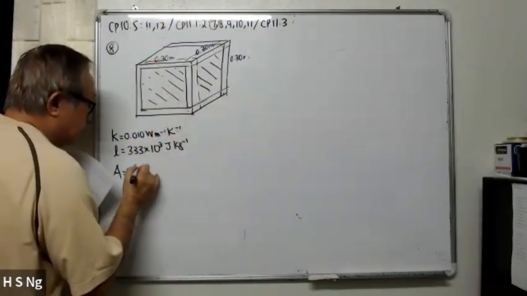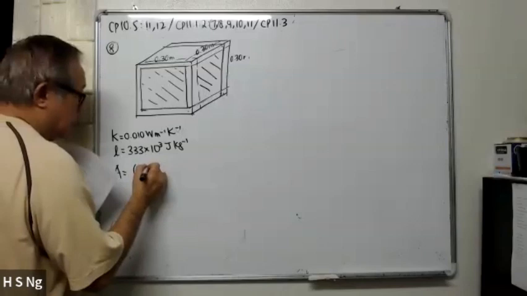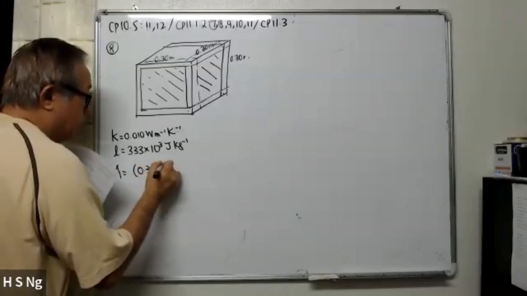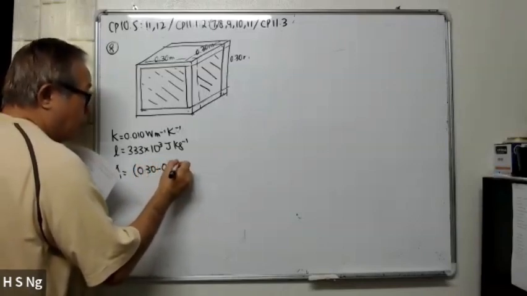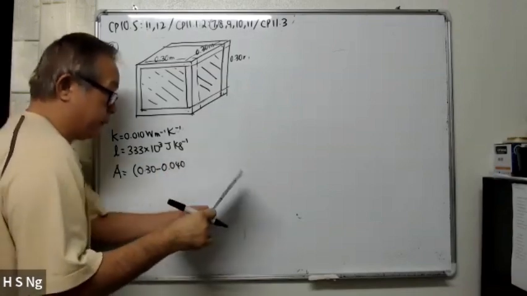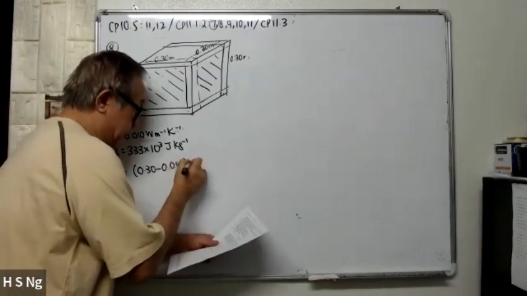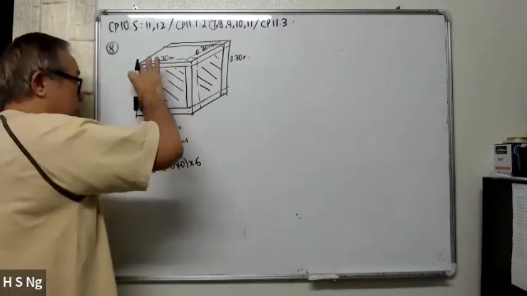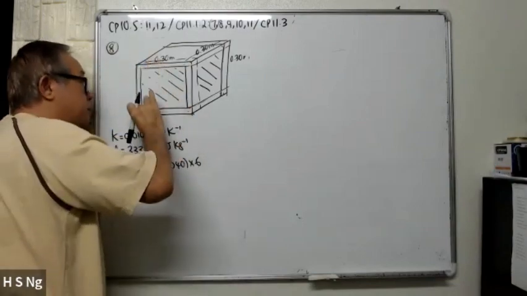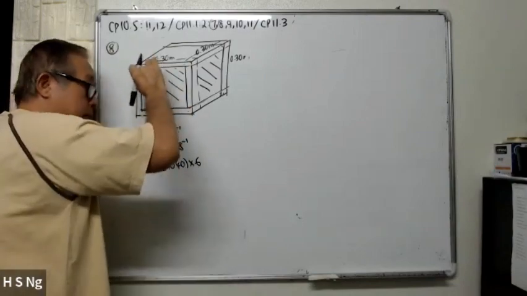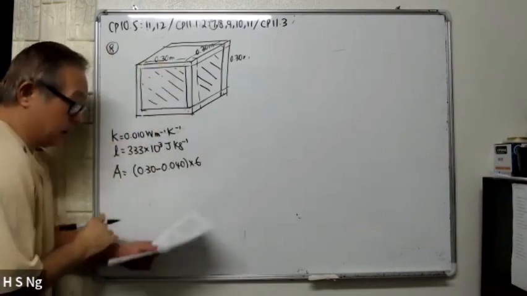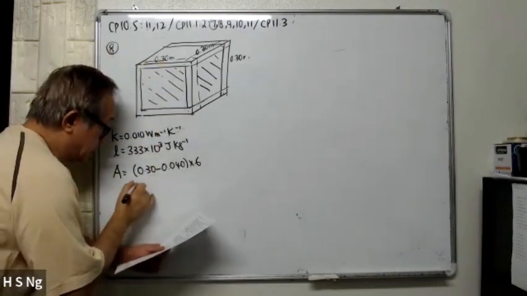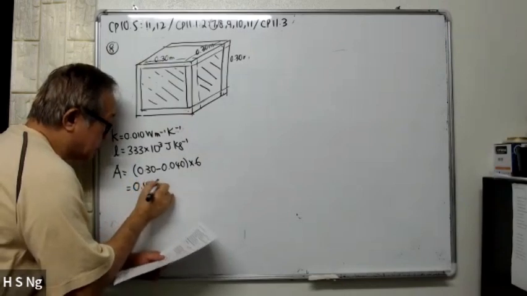So each side will be 0.30 minus 0.04, times 6. This is 0.30 minus 2 centimeter, 2 centimeter. So this is the area, and you get 0.406 meters square.